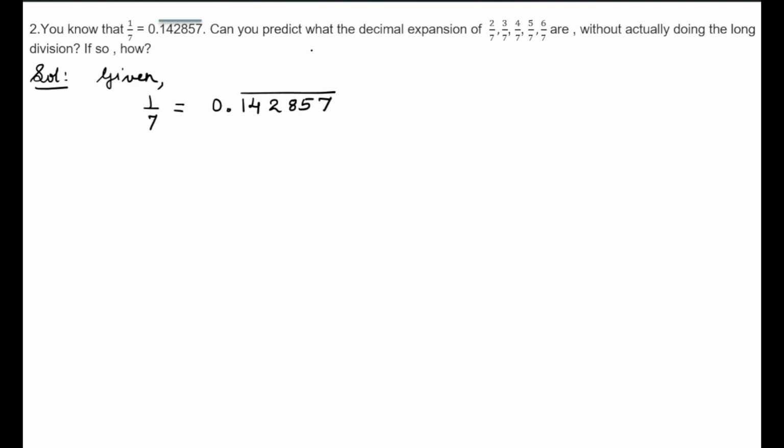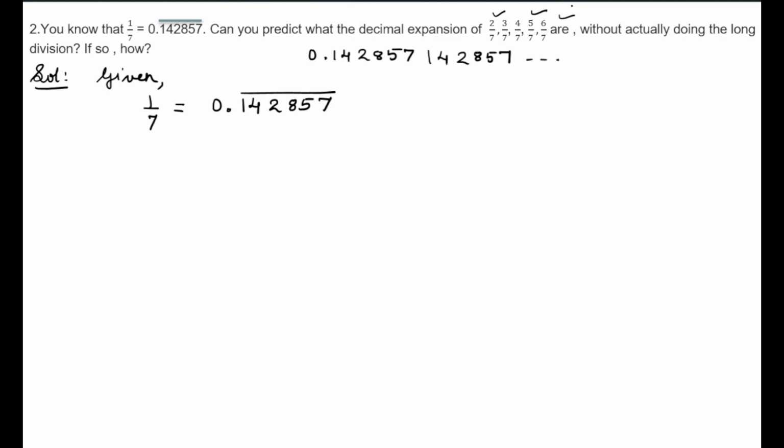It means it will be like 0.142857 and again you will get the same pattern 1, 4, 2, 8, 5, 7, right? Okay. So we have written what is given to us, and the question says, can you predict what the decimal expansions for these all values is going to be without actually doing the division?